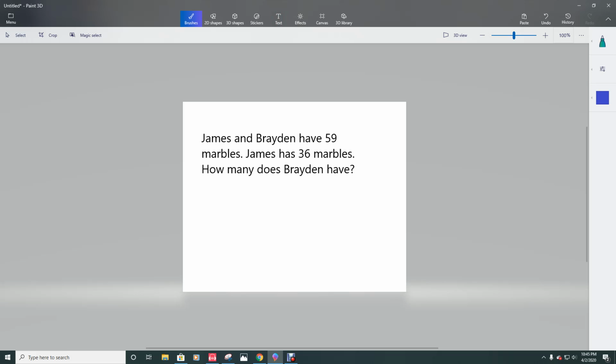So the first thing that we want to do is read the problem. James and Braden have 59 marbles. James has 36 marbles. How many does Braden have? In the tutorial that Ms. Clark sent us, it says that we need to first look at what's most important in the problem and look at what numbers it offers us.